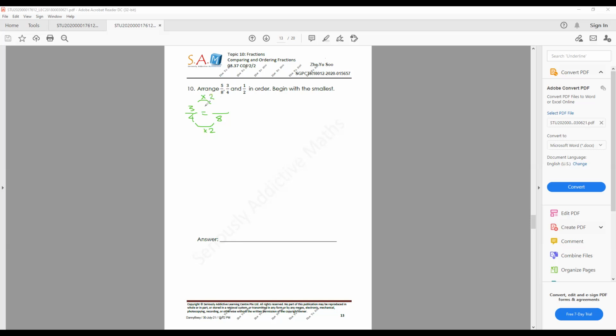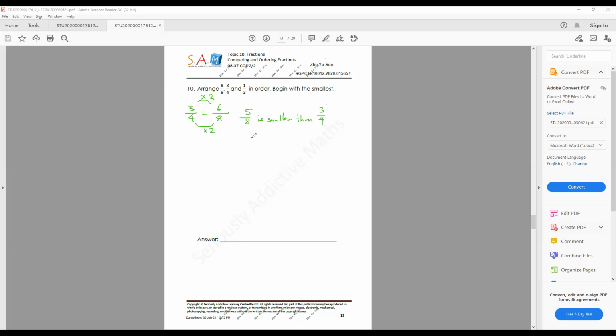What do I get? 6 out of 8. So which is smaller, 5 out of 8 or 3/4? Okay, 5 out of 8. The conclusion is 5 out of 8 is smaller than 3/4.